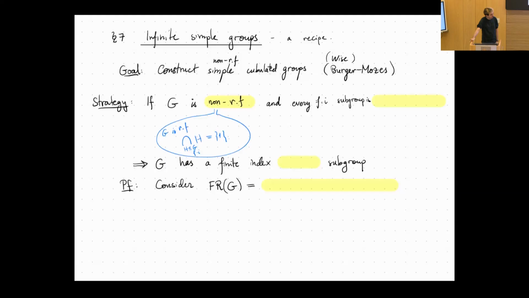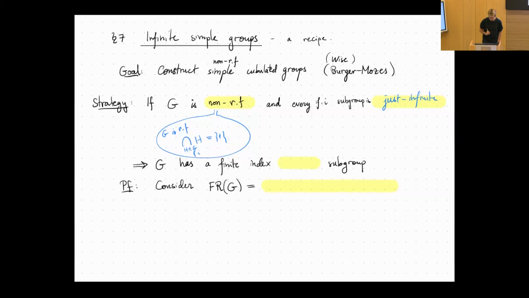And then the second ingredient would be to show that this group is what's called just infinite, or in fact that every finite index subgroup is just infinite. So just infinite means that it has only finite quotients, except for, of course, the trivial.